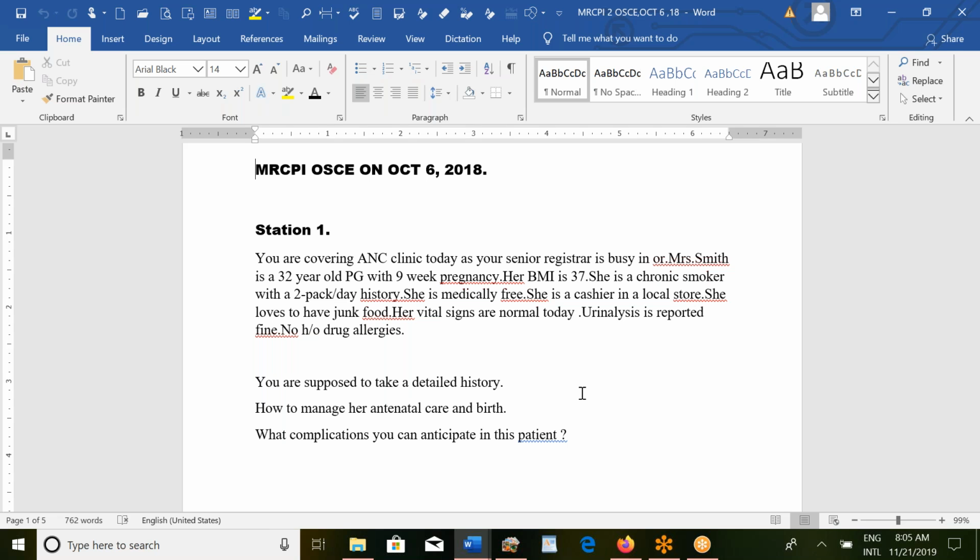If you need to offer something after 24 weeks, then you will say that you will make a committee who will review the case, and they will give special consideration to the life of the mother. Your job is to mention why it is important for her to have termination at this stage. So you will have to address two things: maternal aspects of the care, why we want to do this, and fetal concerns also.